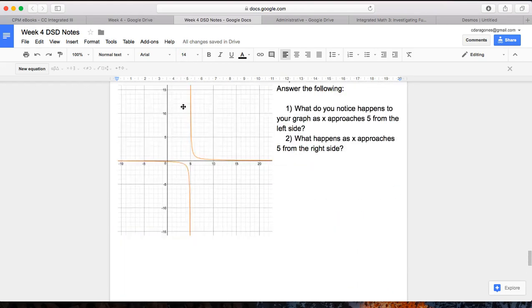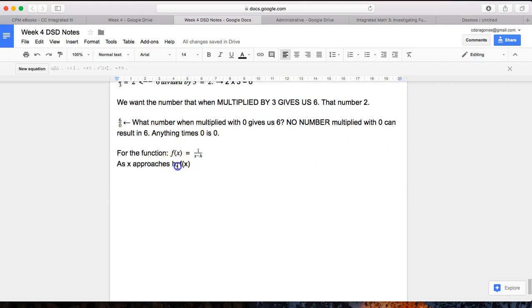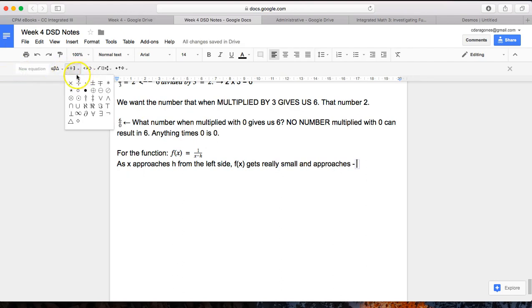So as x approaches h from the left side, f of x gets really small and approaches negative infinity. So we're going to do the symbol for infinity here.